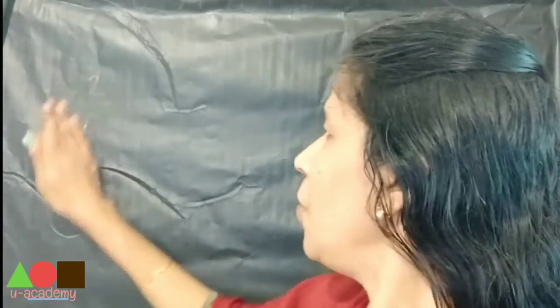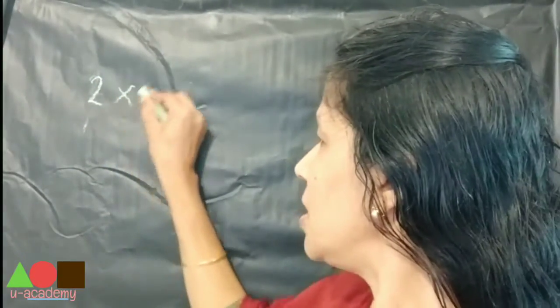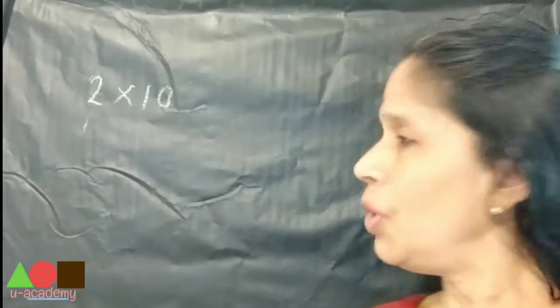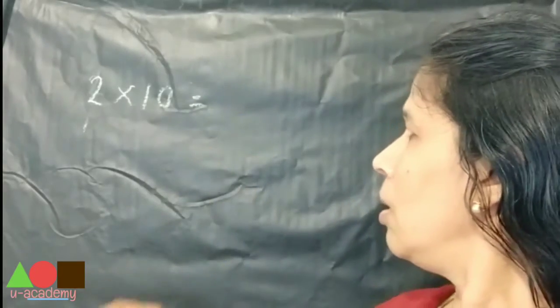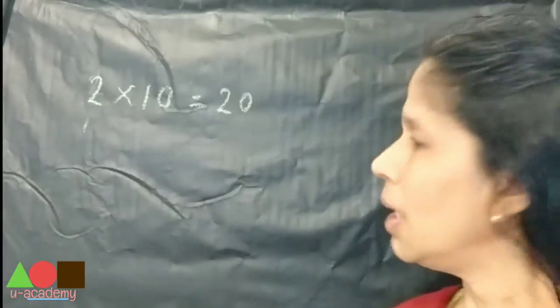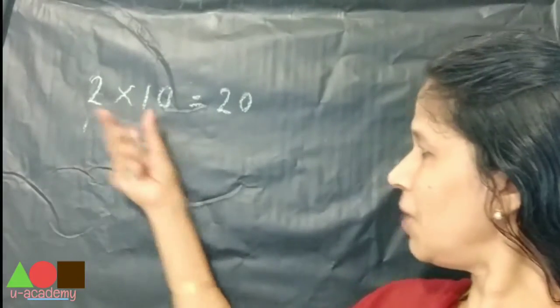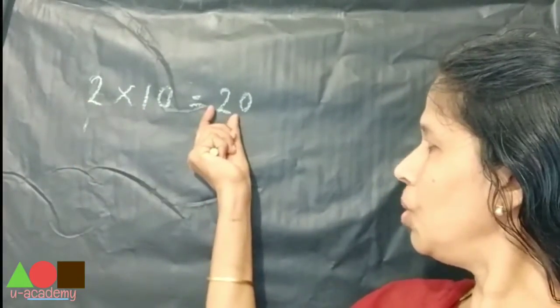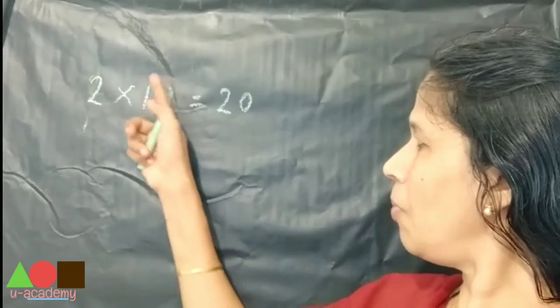So all of you know division, right? So here without doing division, we are going to write the decimal number. Let us see. If you are taking 2 and multiplying with 10, we know 2 tens are 20. Here without doing multiplication, we are just writing the number 2 and looking at how many zeros.